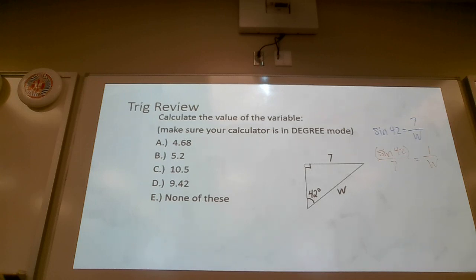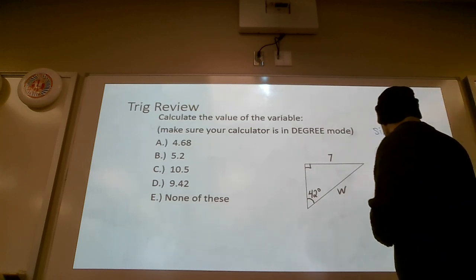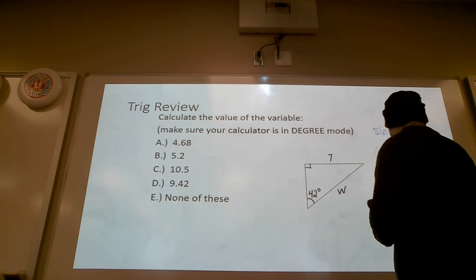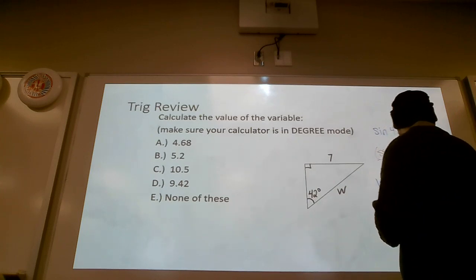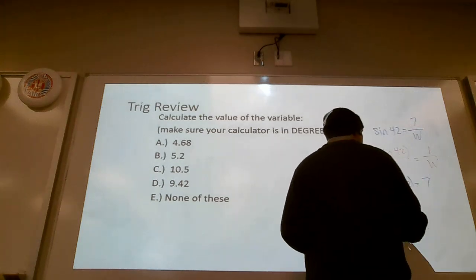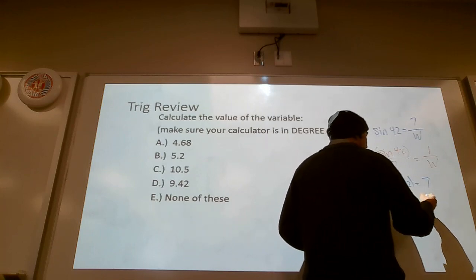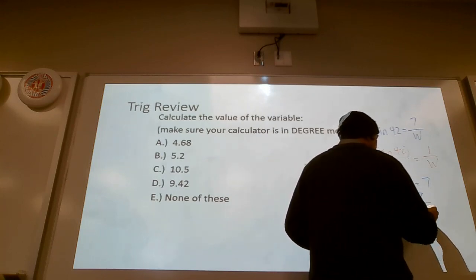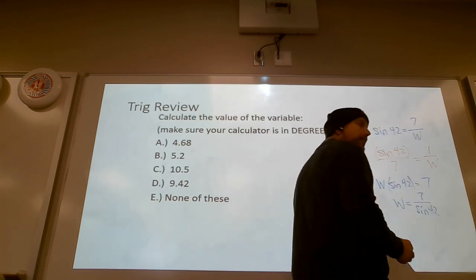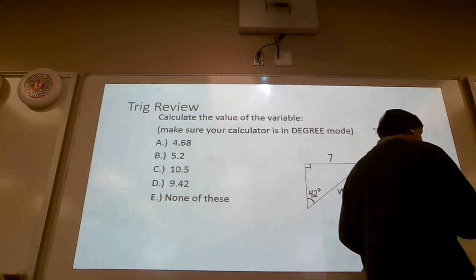Okay. Here's my strong recommendation. If you have an unknown in the denominator, get it out of there. Put it up top. Okay. So what I would recommend doing is bringing W over here, multiplying by W on both sides, and then get W by itself while it's on top.